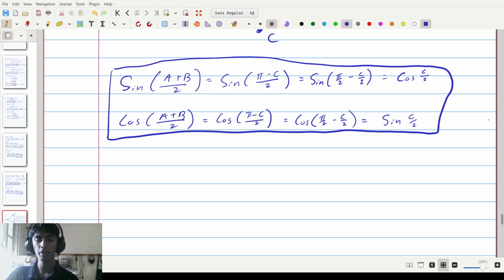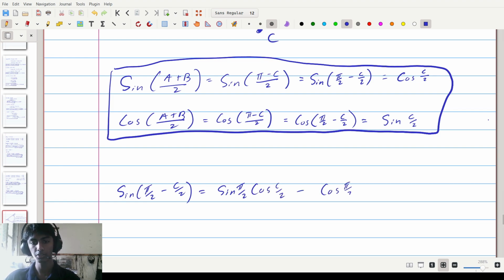Sine of pi by 2 minus C by 2 is equal to sine of pi by 2 cosine of C by 2 minus cosine of pi by 2 sine of C by 2. The sine of pi by 2 is equal to 1 times the cosine of C by 2 minus the cosine of pi by 2, which is equal to 0 times the sine of C by 2.